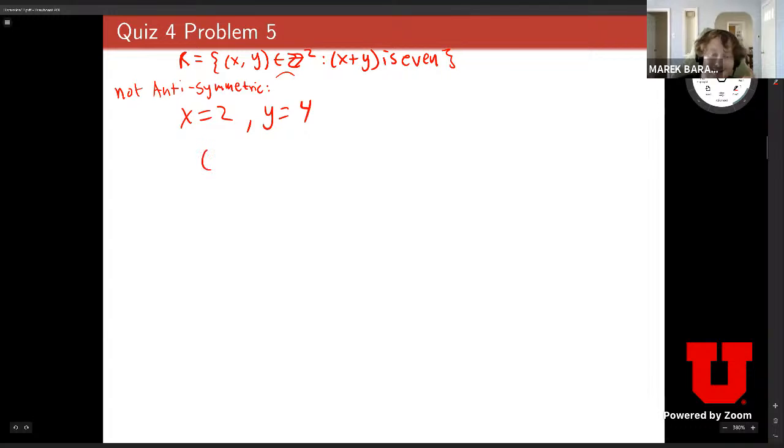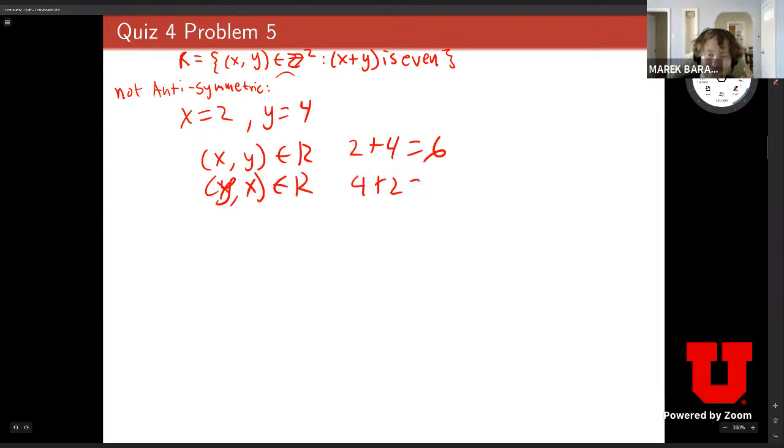So we have (X, Y) is in the relation because 2 plus 4 equals 6, and (Y, X) is in the relation because 4 plus 2 equals 6, and these are even. Yep, and it all stems because addition is commutative, as David mentions.